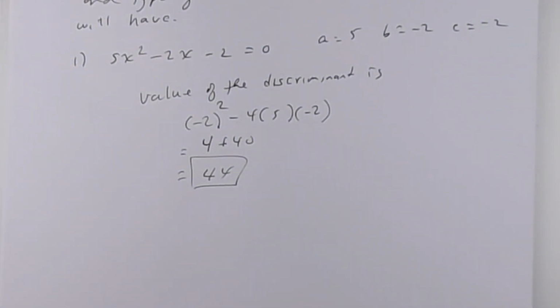So when you get that worksheet, you're going to see a column that says value. You're going to put what in that box? 44. Okay? Now, 44, here's what you got to think of now. Is 44 positive or negative? Positive.